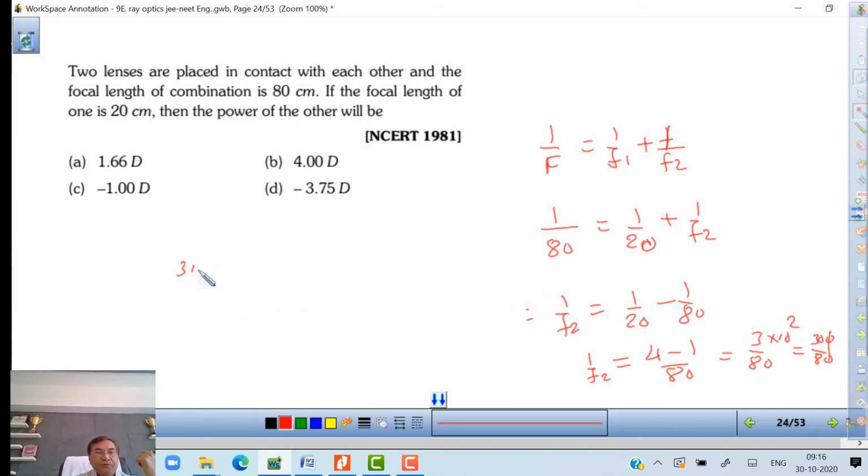So 30 upon 8. 8 24 something. This is 20. 20 81. 4 81. 3 by 80. 300 by 80. 6 48.